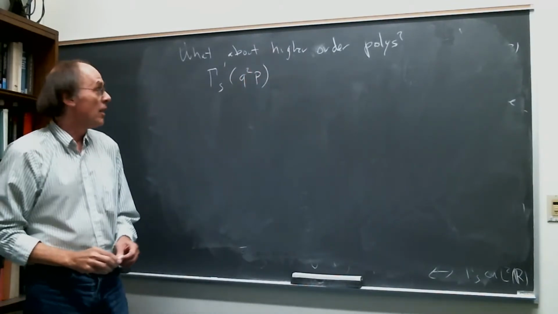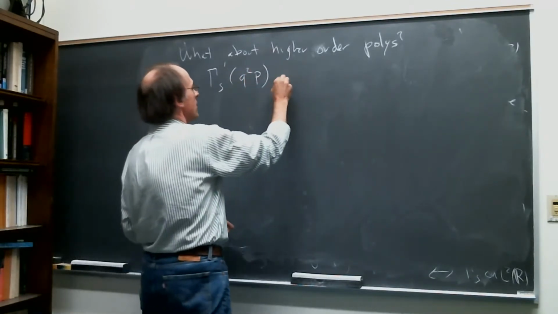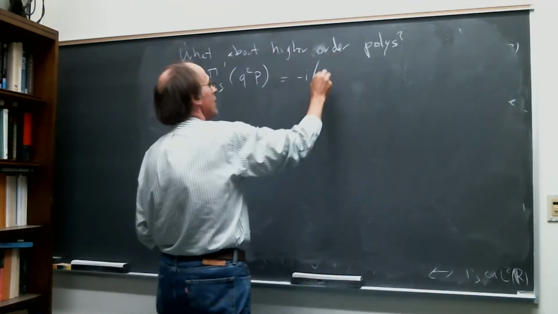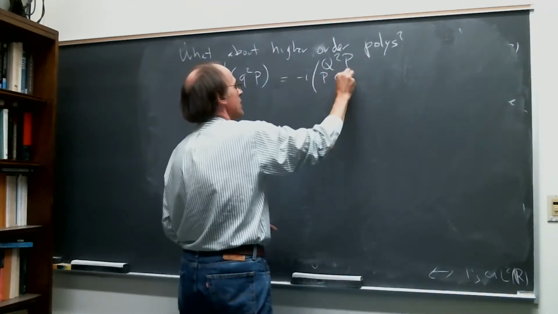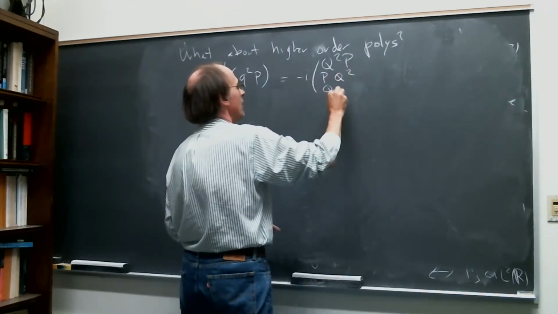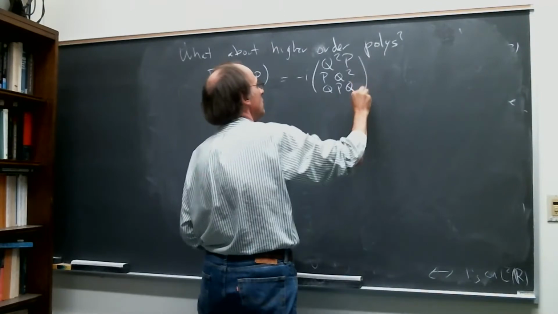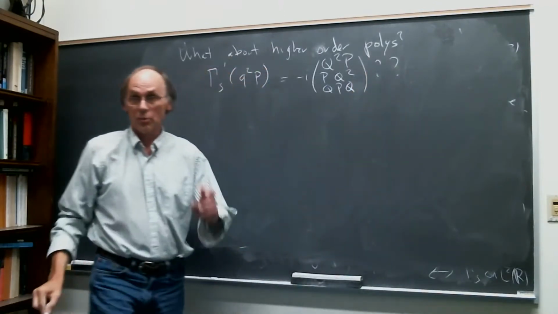It should be here minus it, but is it going to be q squared p? Is it going to be pq squared? Is it going to be q p q? It's a problem.